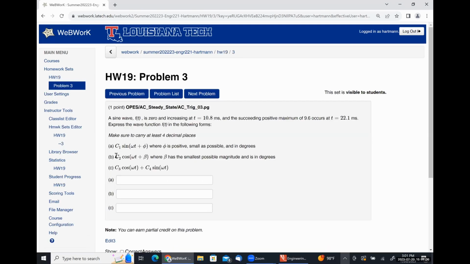So this is the problem, homework 19, problem 3, that really gives you guys a lot of problems. We are only going to look at part A here, and we're not even going to look at all of part A. Parts B and C will be handled by trig identities and complex math that we're going to learn on Monday's class meeting. Okay.